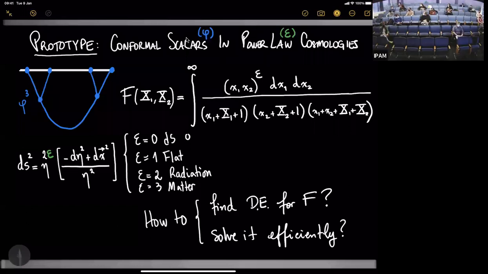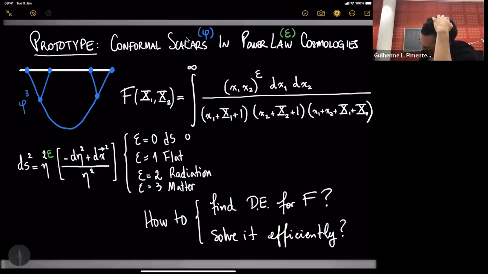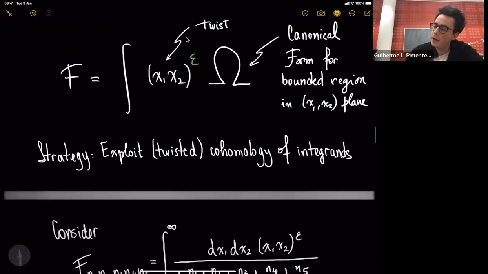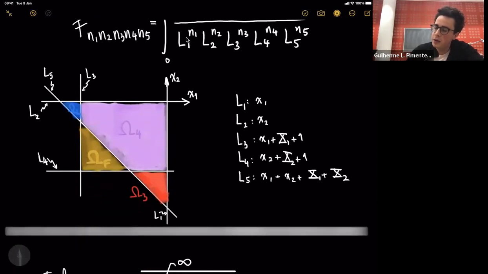Is there a similar story for 3-point? If you jump to 4-point, is 3-point trivial? I suspect it's trivial because for 3 points, if you play this game of bounded regions and so on, you find that there's only one bounded region, and so the basis is one dimensional, and what you really find is the scaling of the integral.